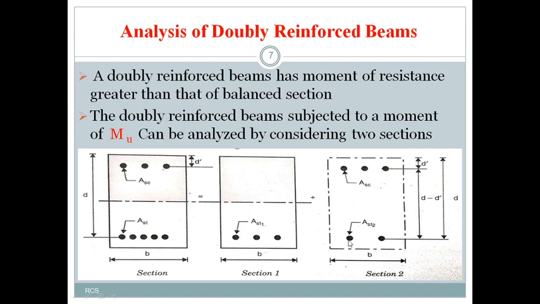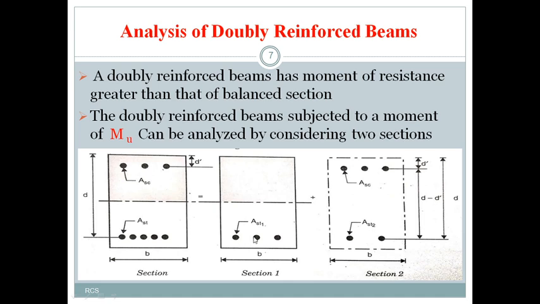That's why I can show it as a dotted line, right? Here I will provide some additional reinforcement in the tension zone, and I will also provide compression reinforcement. Some indications are there: ASC is the area of steel in compression. AST2 is the area of steel in tension.